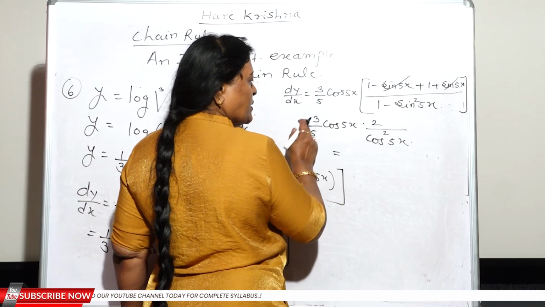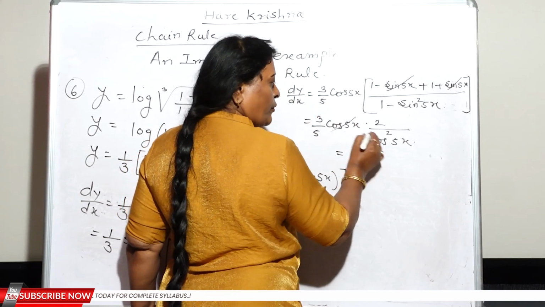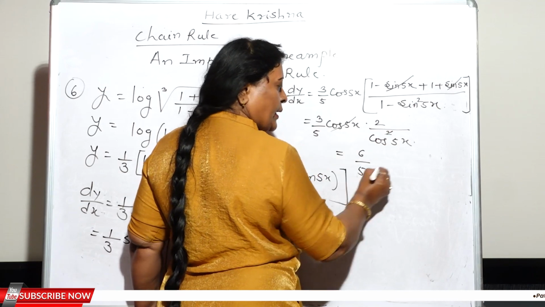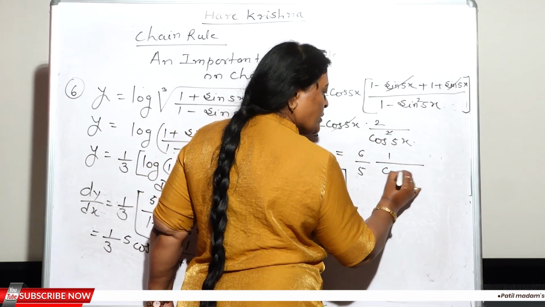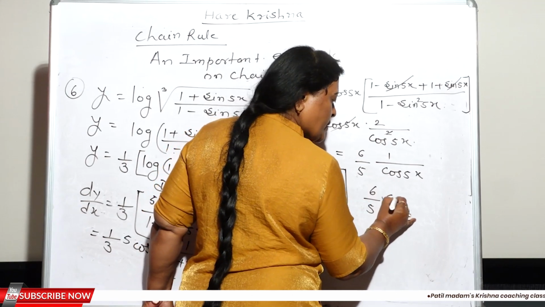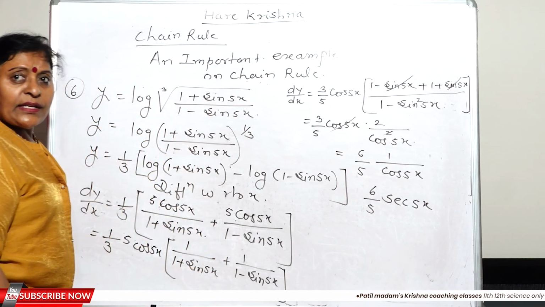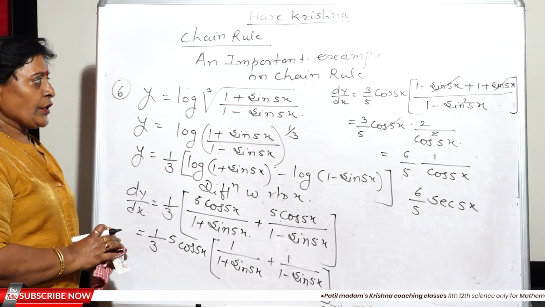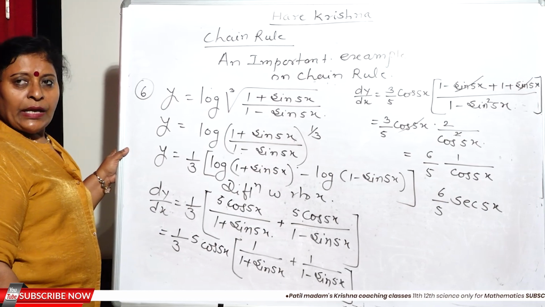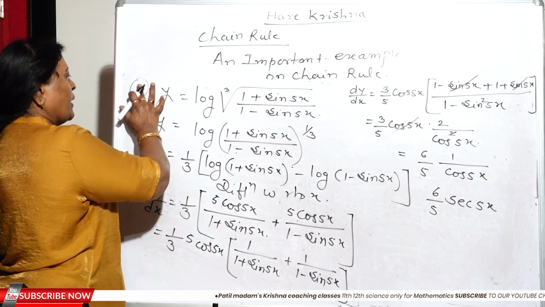Now this you can write as 3 twos are 6, 6 by 5. Again one cos 5x, one cos 5x gets cancelled, 1 upon cos 5x, and 6 by 5. 1 upon cos means what here? Sec 5x, right? This is again the sixth important question from the chain rule, isn't it? So these are very, very important examples. Again I will take the 7th one.